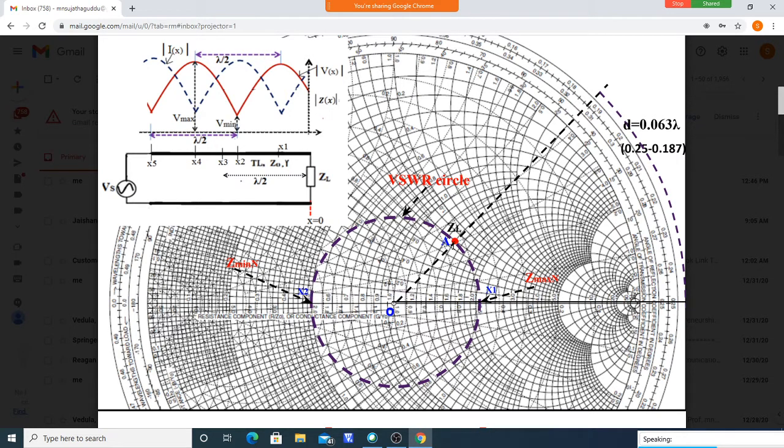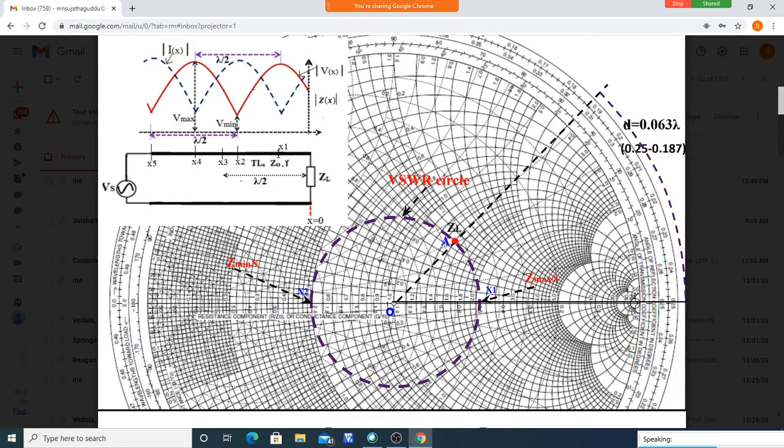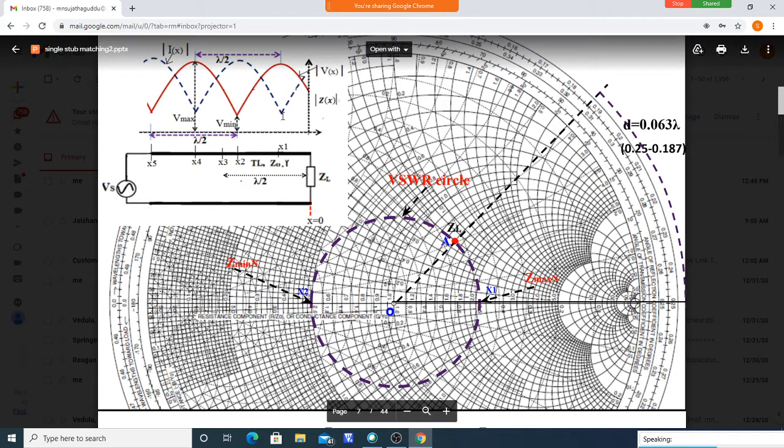And for the distance of that maxima, you extend like this and it cuts the wavelength scale here. Similarly you extend this and it cuts the wavelength scale here. Take this value minus that value, and you will get the distance from ZL to x1, that is the maxima position.